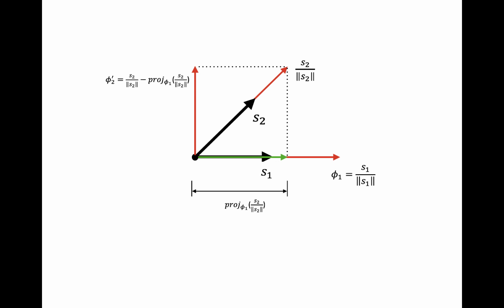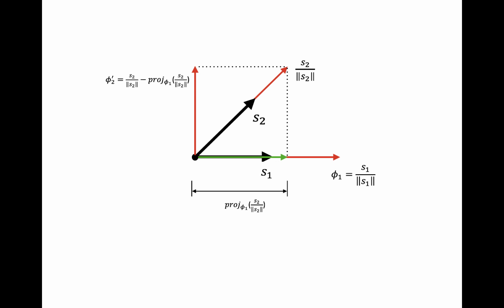In other words, the sum of the phi 2 dash vector and the projection vector represented by this green arrow makes the resultant vector S2 divided by the norm of S2. One way or the other, we now obtain phi 2 dash.